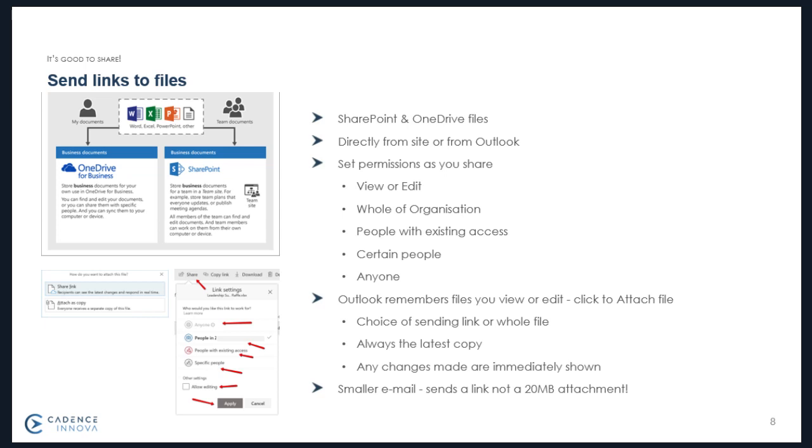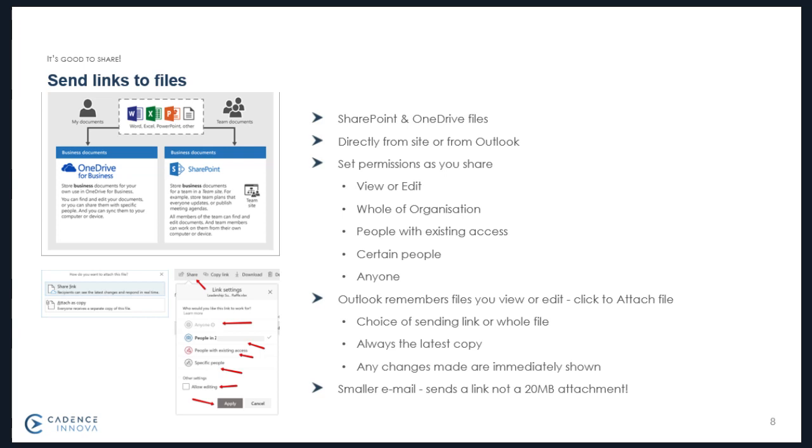So I would recommend that you use the sharing of links because it gives you always the most up-to-date version of the file. So if somebody suddenly has sent out an attachment, they suddenly go, oh God, I made a typo in it. Normally what would happen is they'd then go and fix the typing mistake or whatever slide needs to be changed and send it back out again. So that's another copy of it sent as an attachment. Sending it via a link, anyone who clicks on that link, A, it's permissions bounded. So if they haven't got access to it, they won't be able to see it.